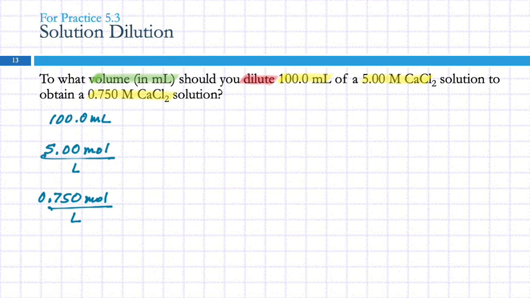We can use the dilution equation. So the dilution equation says that the molarity of one solution times its volume equals the molarity of the second solution times its volume. So what we need to do is identify which one are we calling 1 and which one are we calling 2. It doesn't matter what you call them as long as you're consistent.